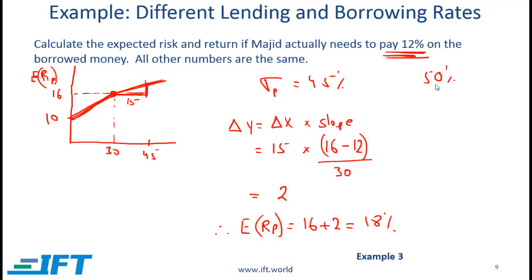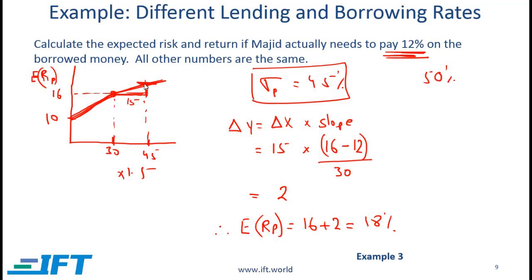Given that Majid is investing 50%, the weights are the same as what we had in the previous example. So the risk of this portfolio is the same as what we had on the earlier slide. It would be 30, which is the market risk, multiplied by 1.5. But the return is going to be lower.